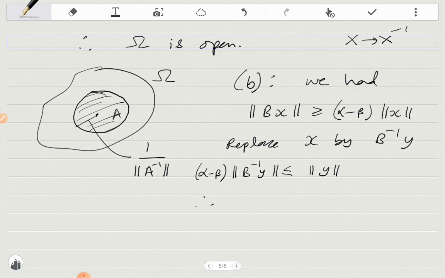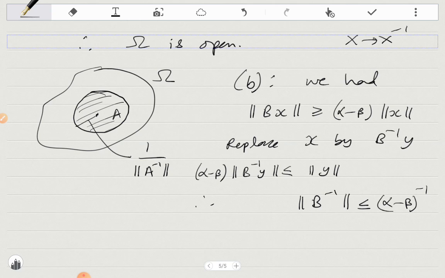This holds for all y. So the operator norm of B inverse, taking this to the other side, is less than or equal to alpha minus beta inverse.